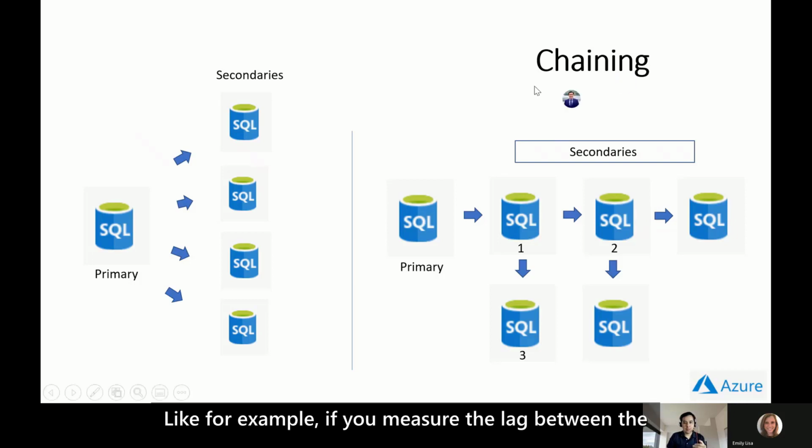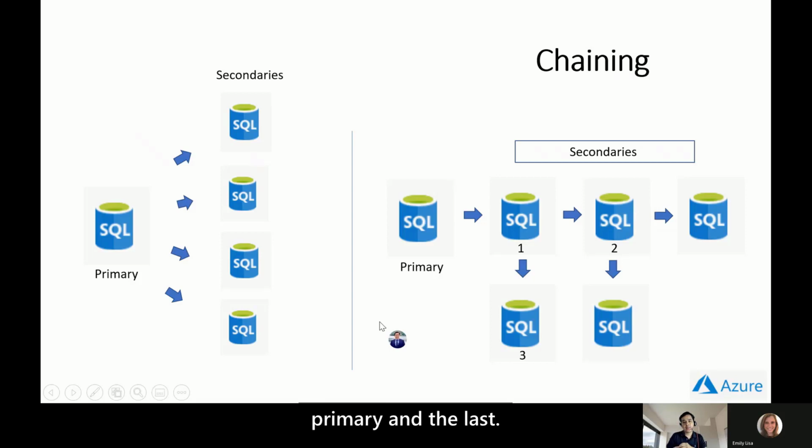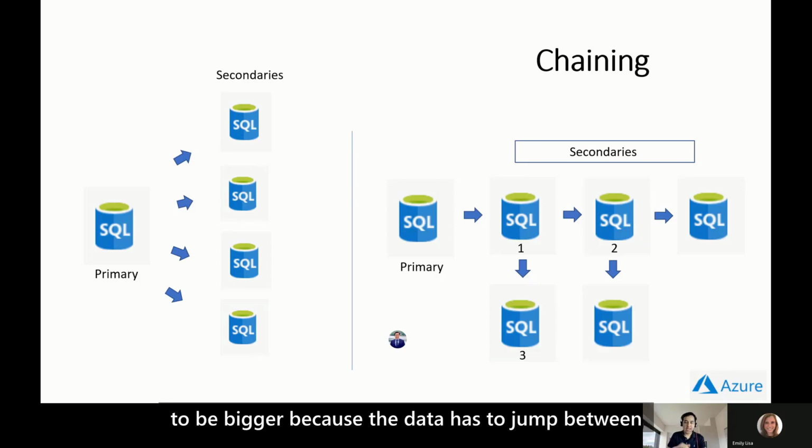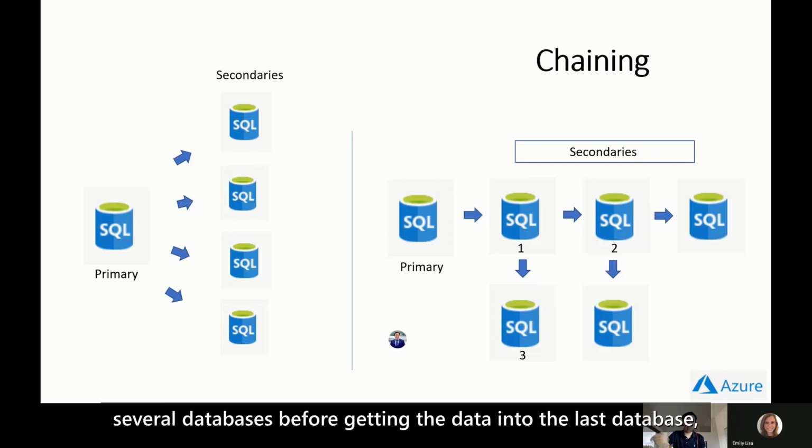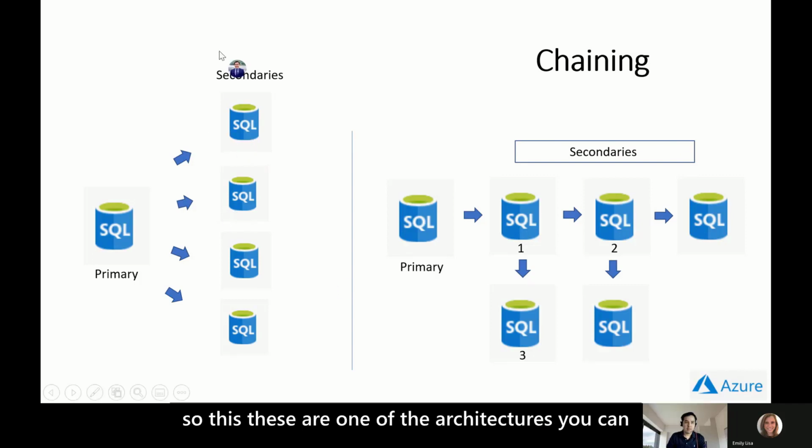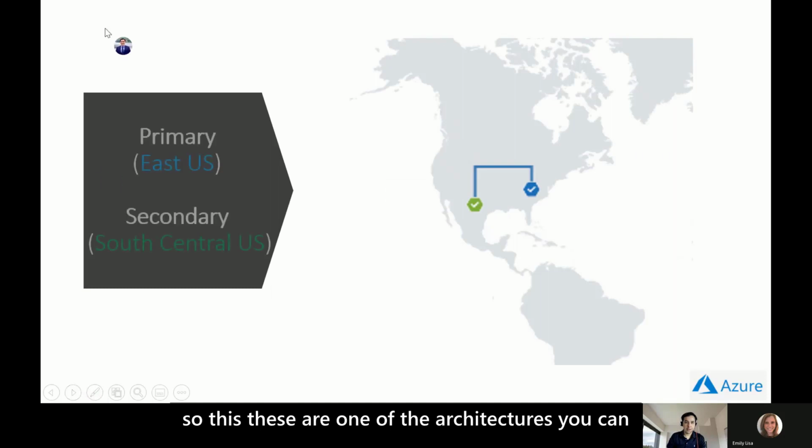For example, if you measure the lag between the primary and the last database in the chain, of course, the lag is going to be bigger because the data has to jump between several databases before getting into the last database. So this is one of the architectures you can use with GeoDR.